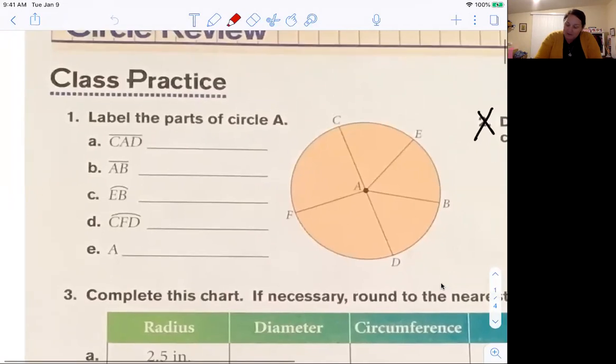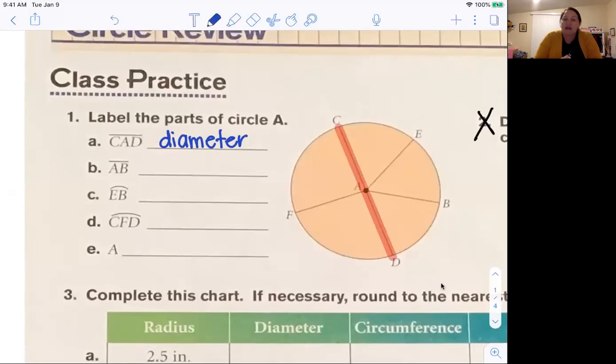What that means is this line segment right here. Line segment CAD. What do you think that line segment is? If you said diameter, you are right. That is a diameter. And we know it's a diameter because it goes straight through the center of the circle and touches both sides of the circle.